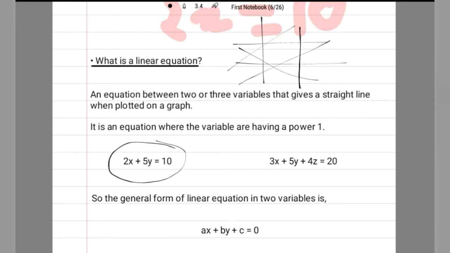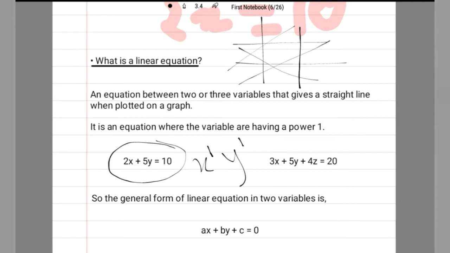In this we have two unknown variables, that is x and y. We do not know what x and y are. We need to find them, right? So these are called the variables, and these variables have a power of 1. Power means the exponent, that is 1. This is also called the degree. So this should be 1 for a linear equation.